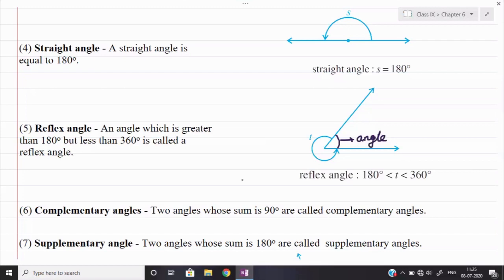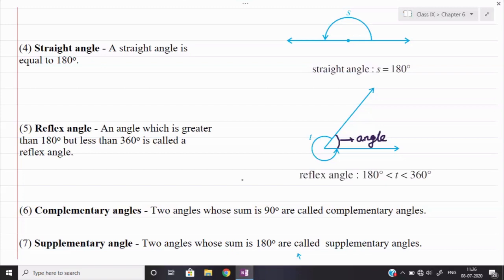See the definition, what they are saying: an angle which is greater than 180 degrees but less than 360 degrees is called a reflex angle. Okay, so remember, if you form any angle, then along with that angle, whatever angle is required to complete the circle, that particular angle will be called your reflex angle.